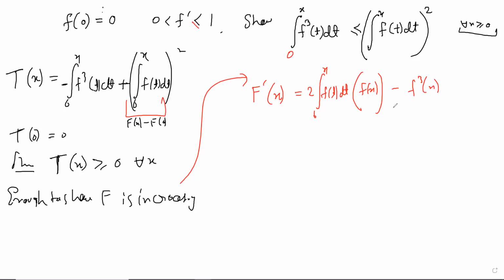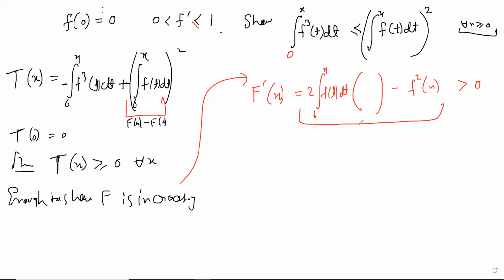So you want to show that this is positive. At this point, it will be enough to show, you can cancel the f, right? And show that this is positive. I'm just changing notations, but you want to show this is positive, right?